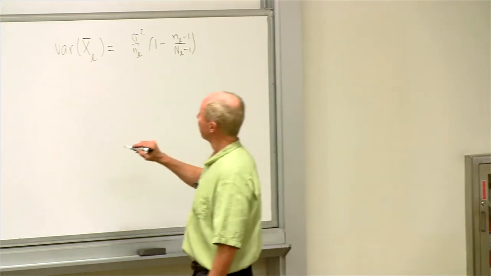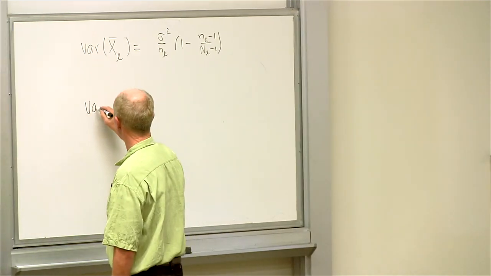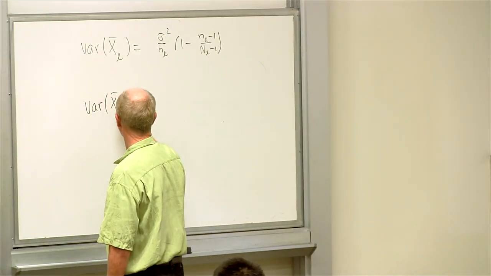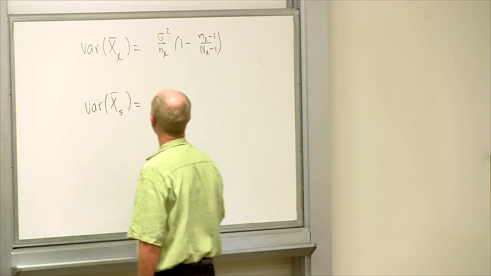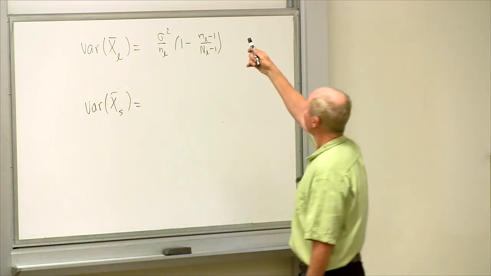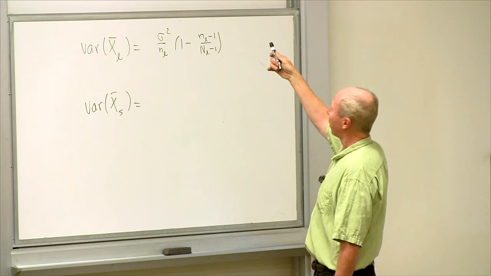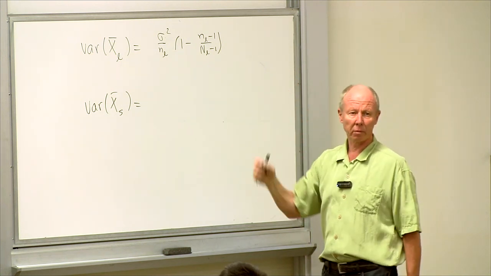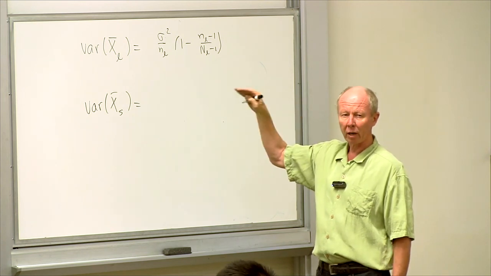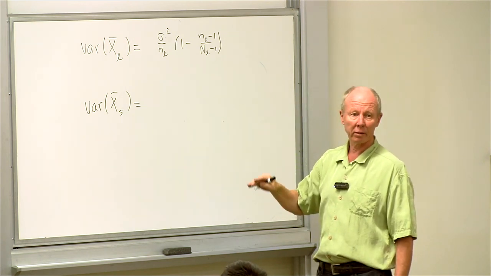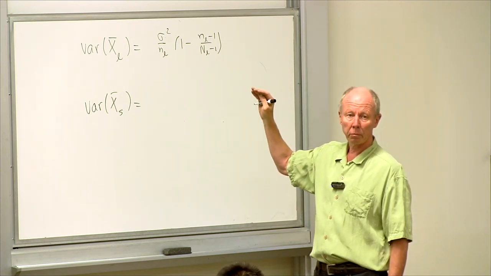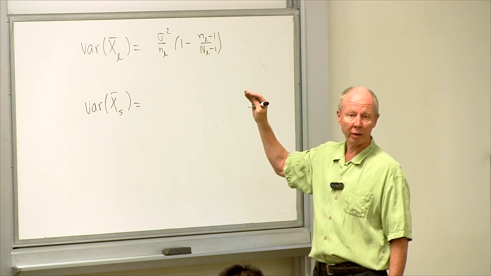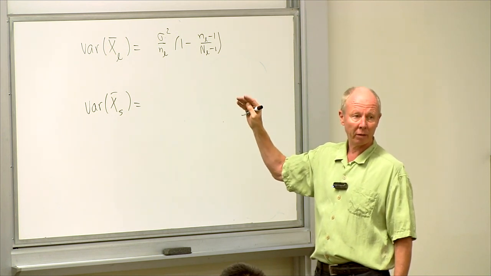Now let's compute the variance of x bar s. S for stratified. Well, what about the x L bar random variables? Those are random variables, right? They're means from the different strata. The random variables in the different strata are independent, so the sample means from the different strata will be independent random variables.